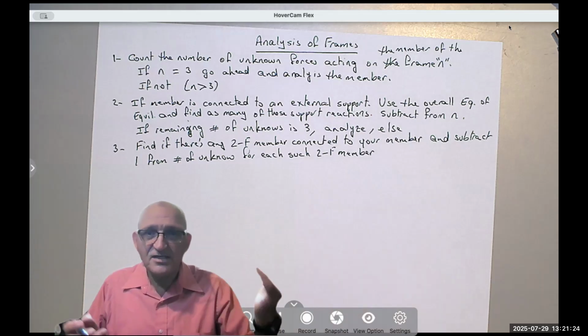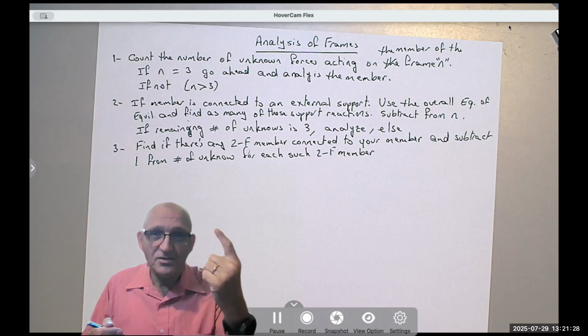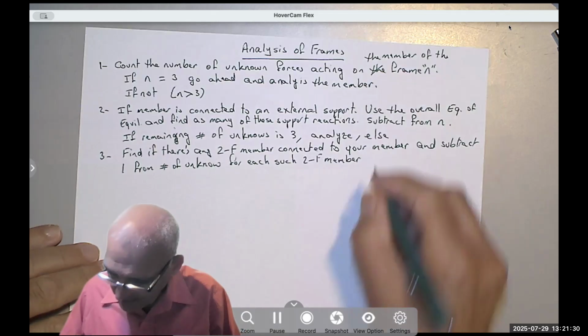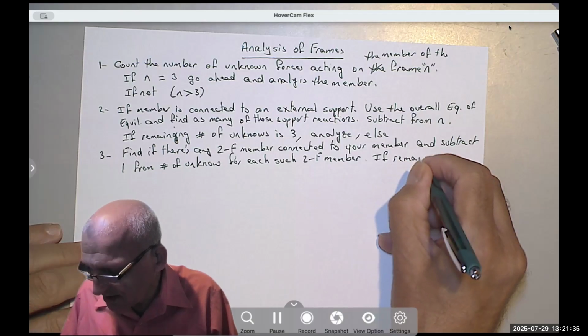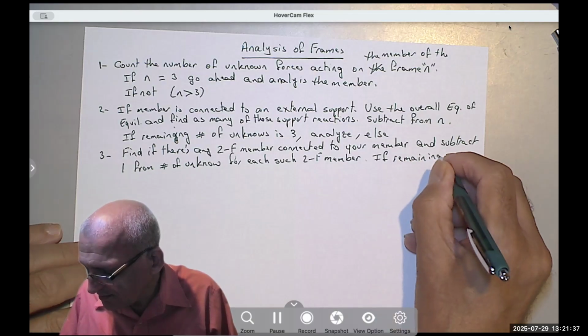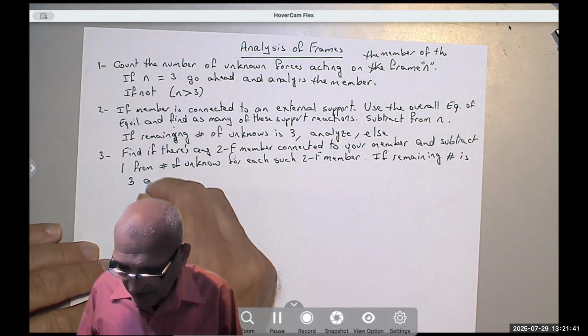A pin is usually X and Y, but if it's a two-force member, you know the direction, so it's only one unknown, not two. Okay. If the remaining number of unknowns is three, analyze.